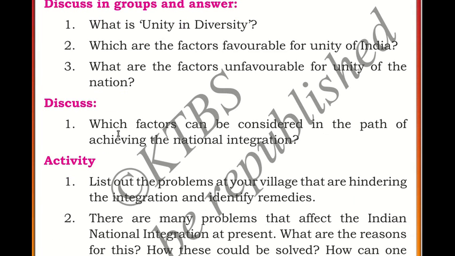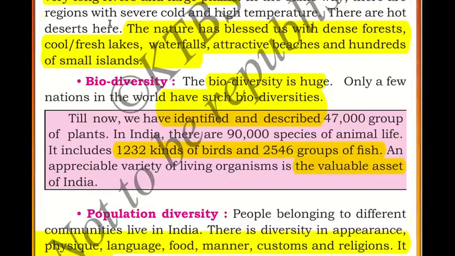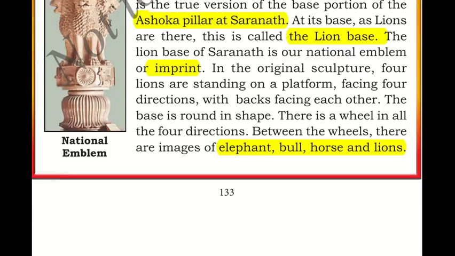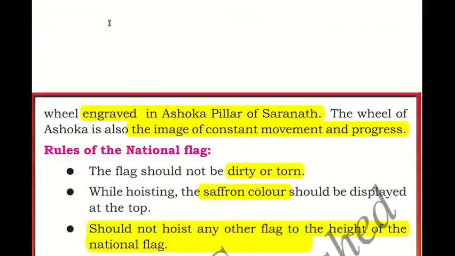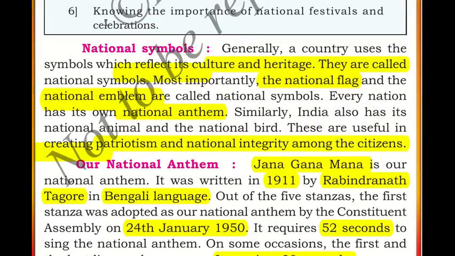Finally, we need to discuss this in length. Which factors can be considered in the path of achieving national integration? So this is where we have to talk a little bit about each of the national symbols, at least 2 to 3 lines about each of them. Before that, we need to add about why national symbols are important.